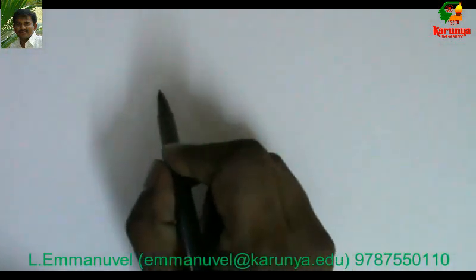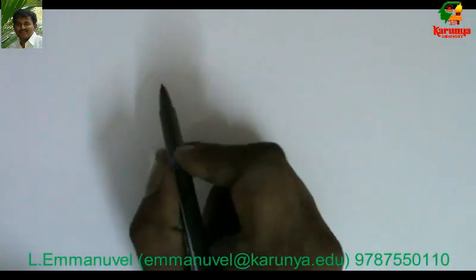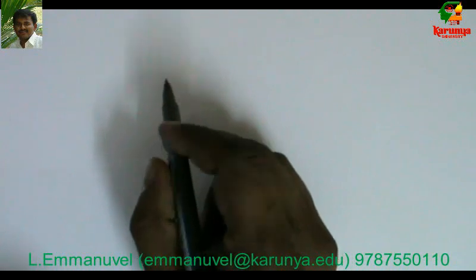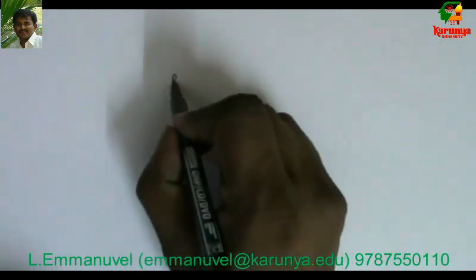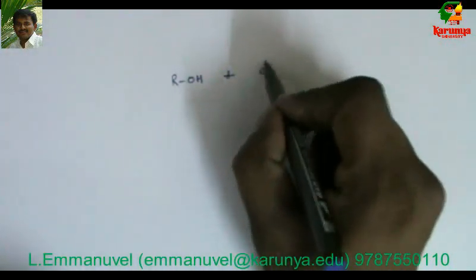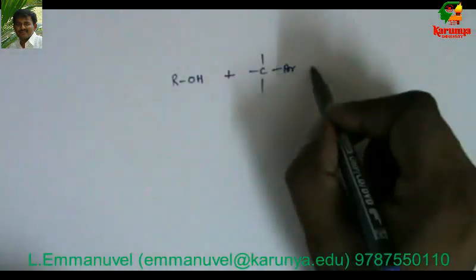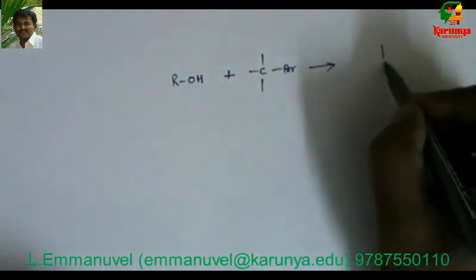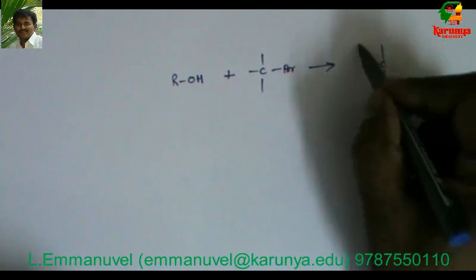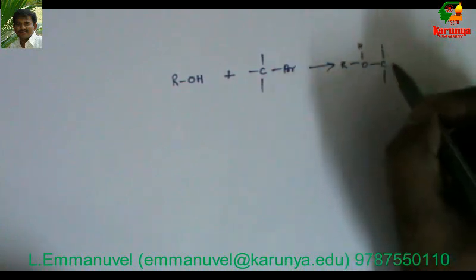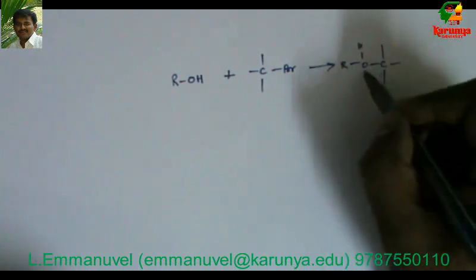Not only carbanion or alkoxide or negatively charged species, even alcohol can attack the halogens to give the corresponding nucleophilic substitution product.